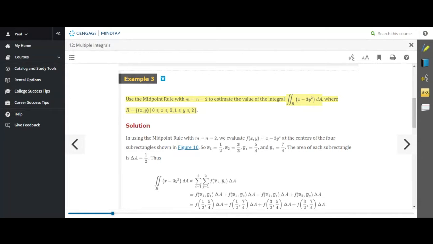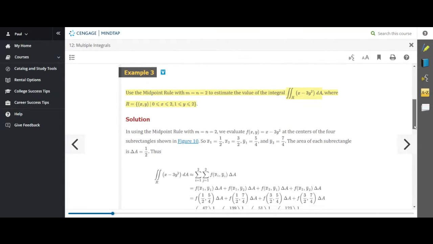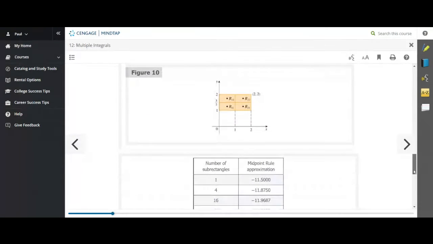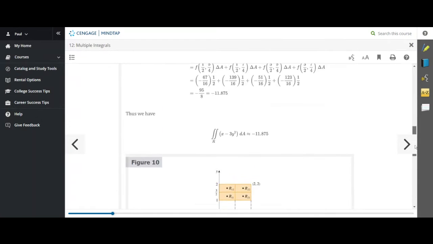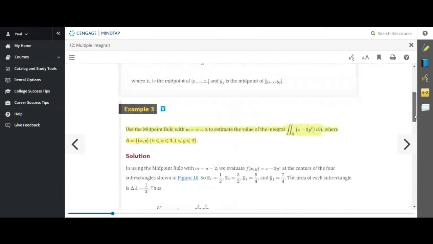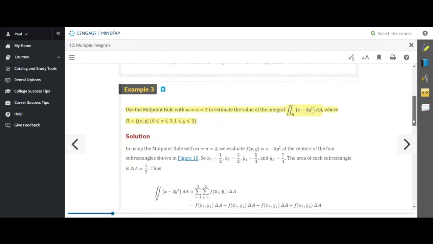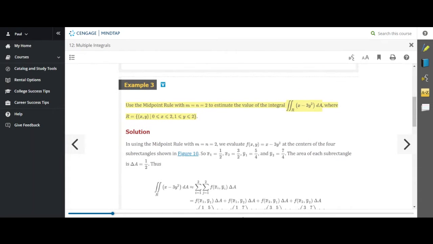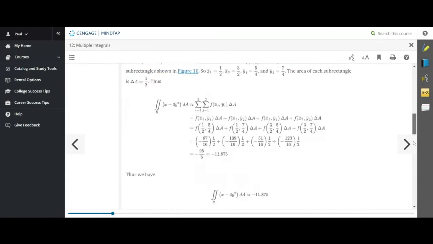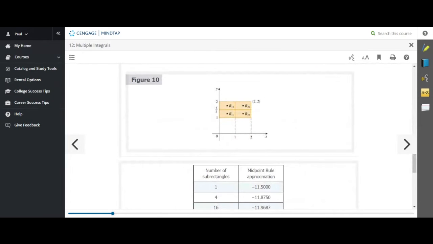So if we look at the picture, here's figure 10. And by the way, they tell you above that x goes from 0 to 2 and y goes from 1 to 2. So this is our picture.